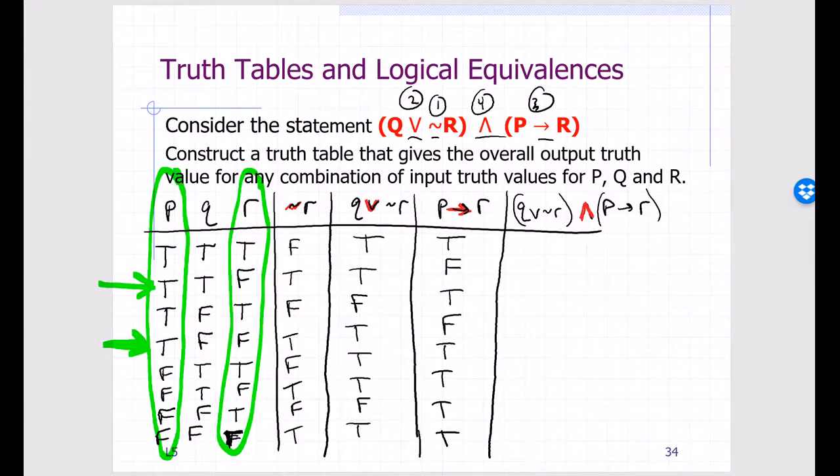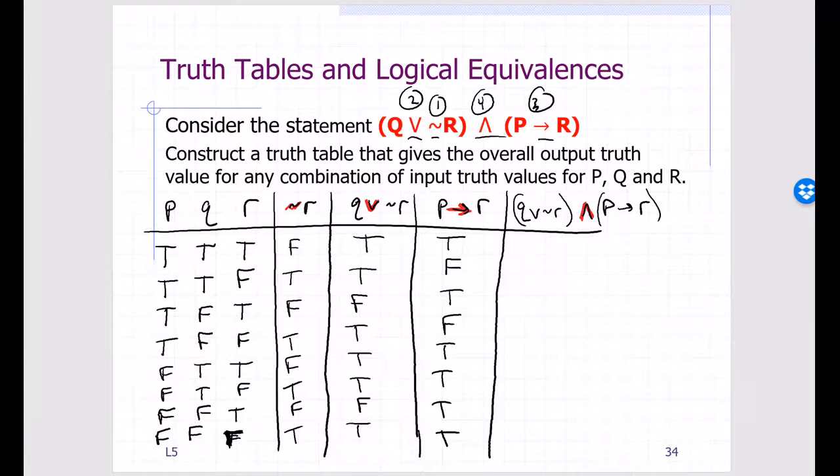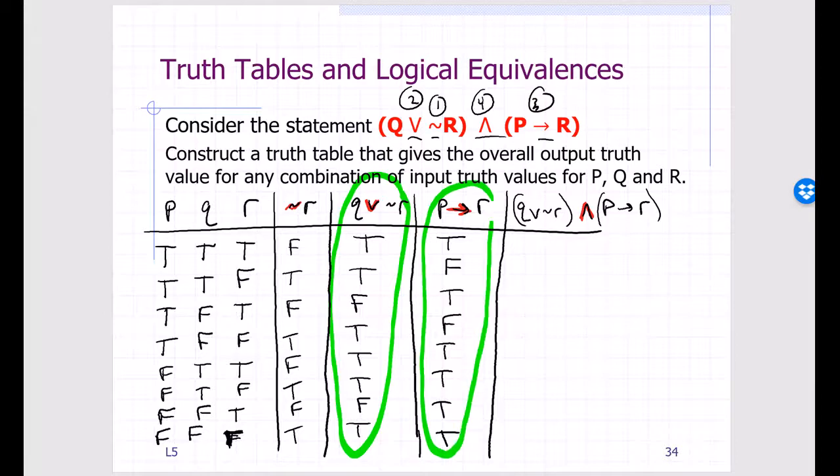All right, and then moving on to the last logical connective, the and. So for this and, we are taking the Q or not R column, which is here, and the P implies R column, which is here, and combining those two columns with an and. So remember, with an and, two trues make a true, everything else is false. So that's true. The second row gives you a false.